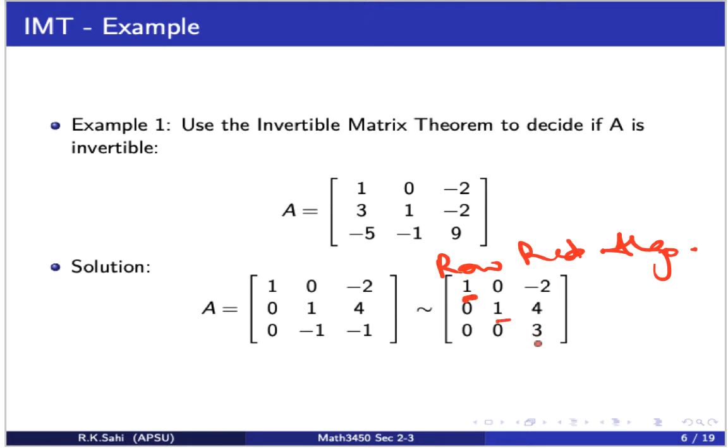When you apply this algorithm, clearly by the IMT, this is invertible. Or we can think of it as having 3 independent columns. Again, A is invertible. You basically just have to do the row reduction algorithm.